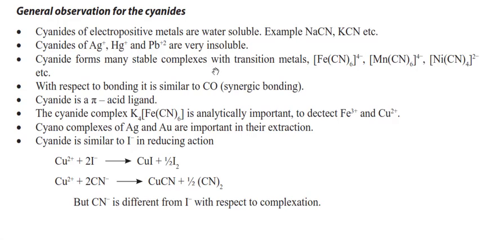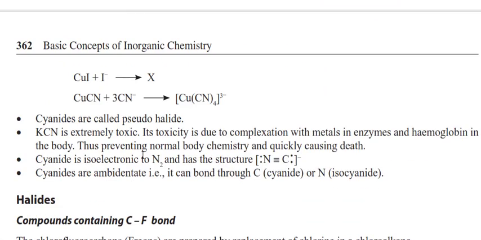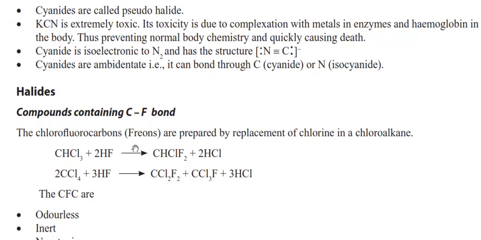With respect to bonding, it is similar to CO, and cyanide is a pi acid ligand. Cyano complexes of Ag and Au are important, and it can act like iodine as a reducing agent. As we know, cyanide is also called a pseudohalide, since it contains two atoms, carbon and nitrogen.